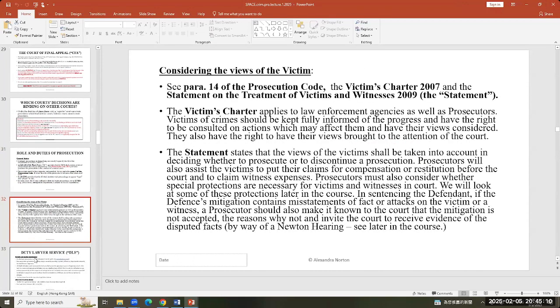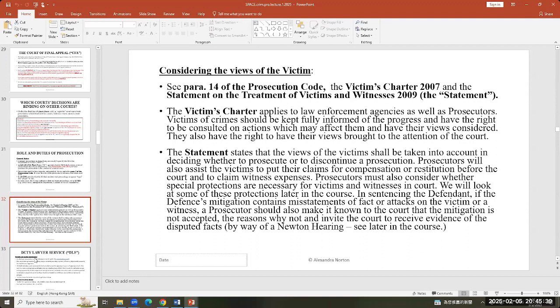Prosecutors should also consider the views of the victim. So they should keep the victim fully informed of the progress of the case, consult the victim. For example, if the prosecution are thinking about negotiating with the defense, maybe offering no evidence on the condition that the defendant is bound over, which we will look at in a later lecture, then they should consult the victim about that.